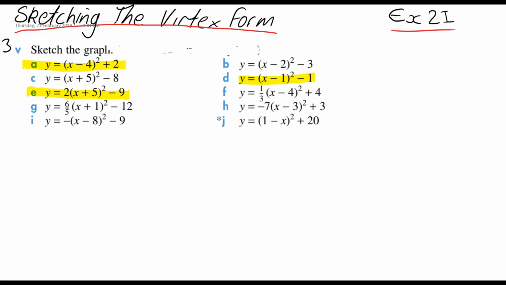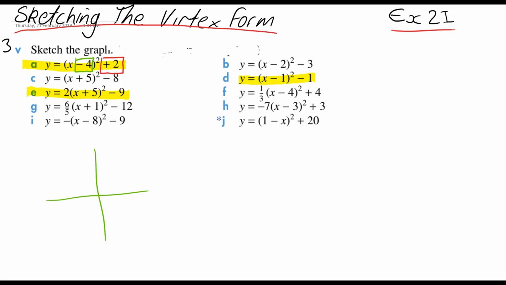In the vertex form, the first thing you can do is plot the vertex. And the vertex form pretty much tells you this. The -4 is your x value for the vertex. So you just draw a Cartesian plane and you've got an x coordinate of -4. Then you've got a y coordinate of 2.